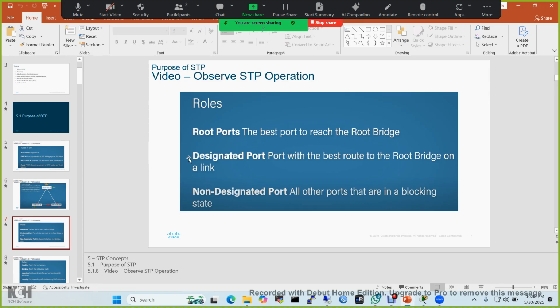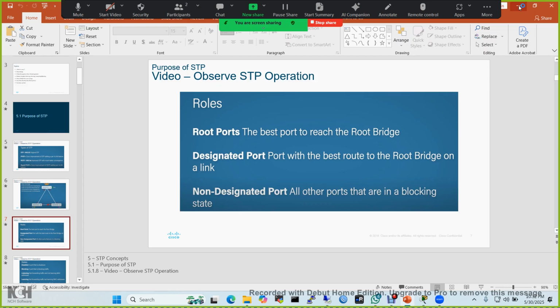What is the designated port? All ports on the root bridge. Non-designated ports are the blocked ports, all other bridge ports that are in blocking state.